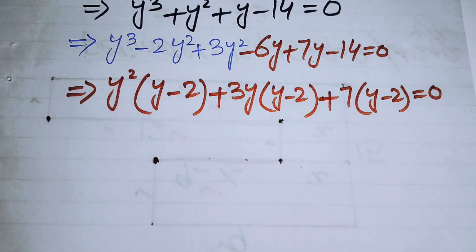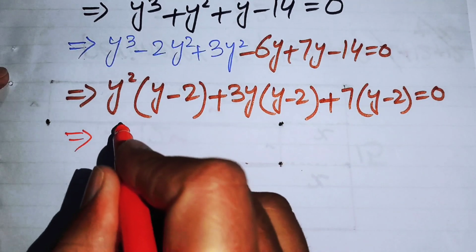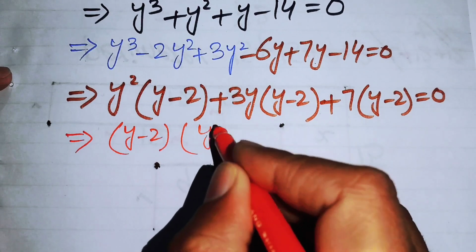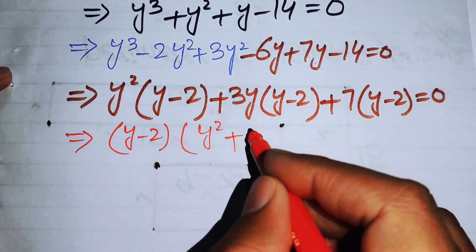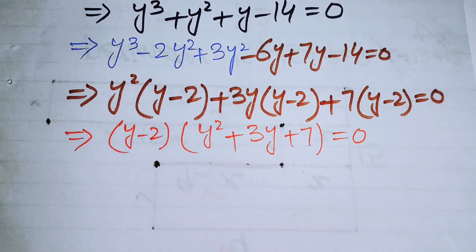Now you focus on this equation and you see that we have y minus 2 as the common expression, so we take common y minus 2 from each term. So you get y minus 2 times y squared plus 3y plus 7 equals 0.